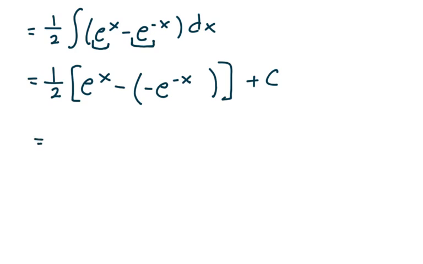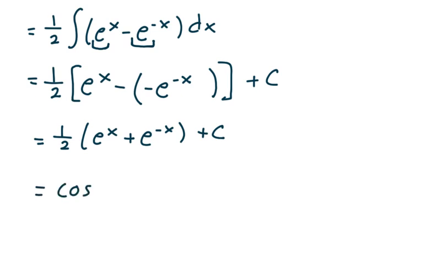But when you subtract a negative, you add. So we get 1/2 of e to the x plus e to the negative x plus c, which is equal to hyperbolic cosine of x, or cosh x, plus c. And that's the rationale for that one.